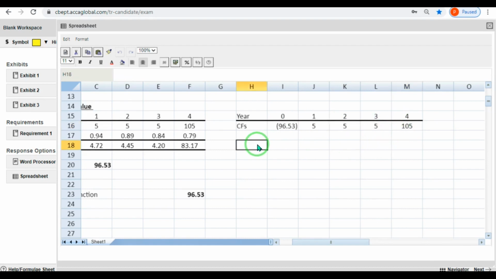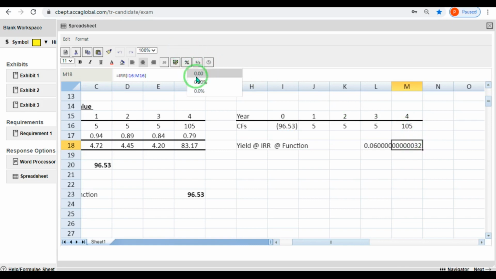What is the yield that you're getting? We will use the IRR function. Remember, IRR function, using the function, so that markers won't miss out on that. So we have equals IRR, open the bracket, drag this, and enter.